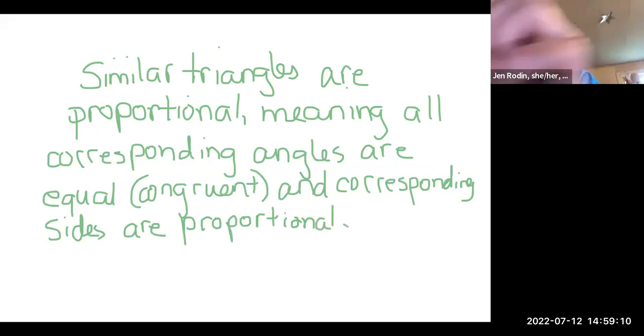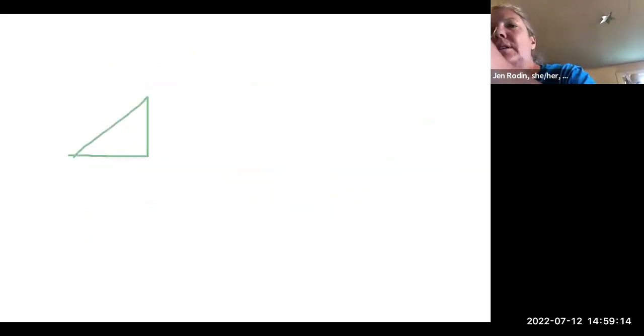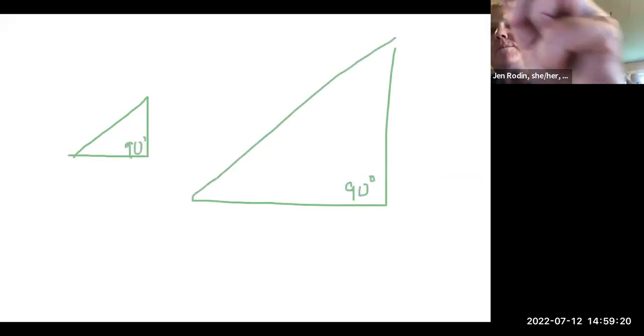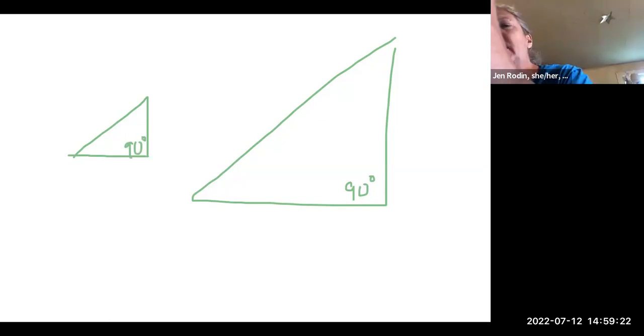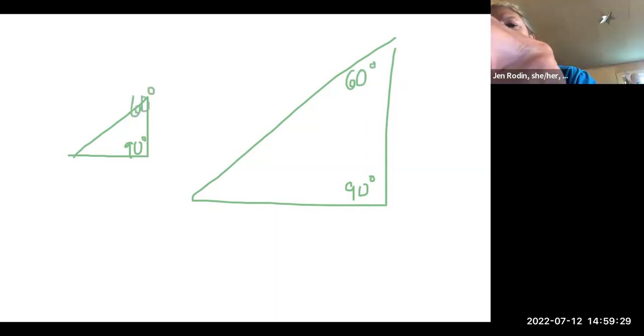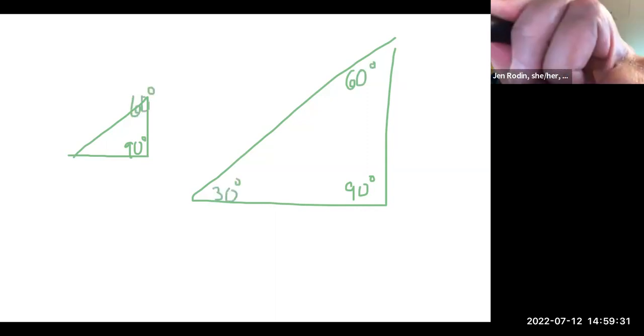So here, I'll come back to that. If we had this and this was a 90-degree, a right angle. Let's say, I'm just making this up right now, but let's say this is 60 degrees. This would also be exactly the same size. And that's 30.